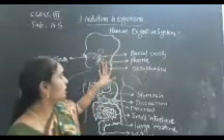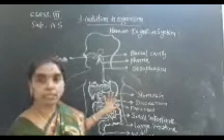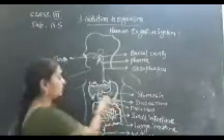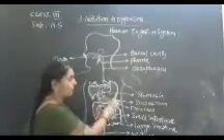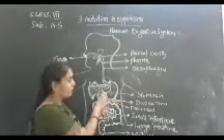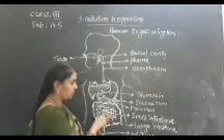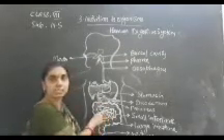From there the food reaches the pharynx and esophagus and then reaches the stomach, where the protein digestion takes place. From there the liver and the pancreas secrete the bile juice and the pancreatic juice which act over the food, and again digestion takes place in the small intestine by the action of the intestinal juices.